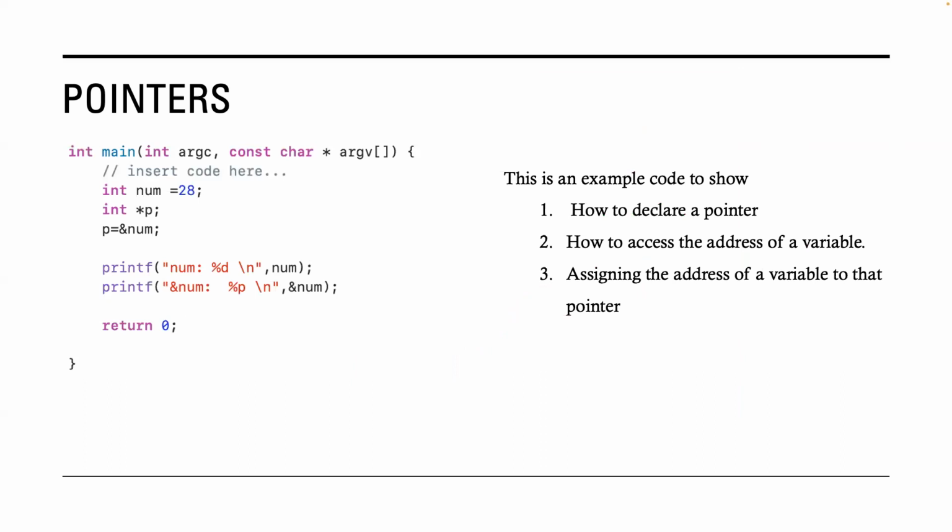So here you can see an example code. I'm showing only the main function of that code here. If you look at this main function, you can see there is a variable called num with the data type int, and we store the value 28 in this variable num.